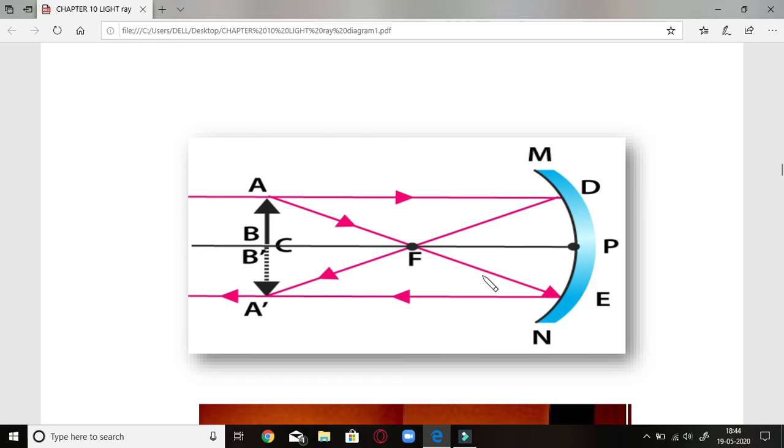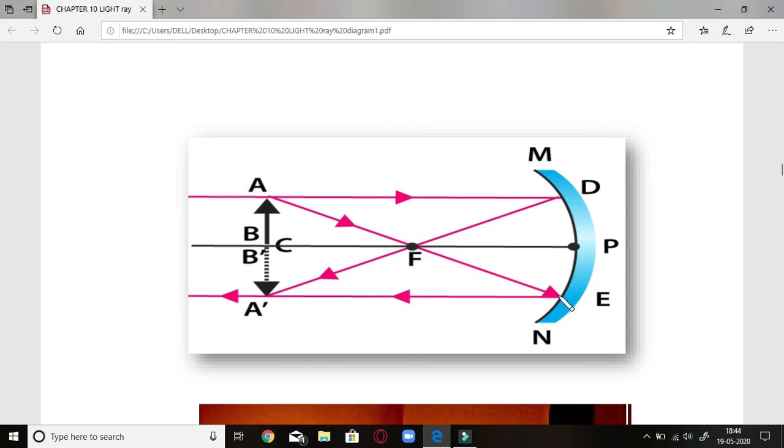Now let us see how it has been formed. Again the same terms we have used, but we have placed our object at C. AB is our object. This time we have selected two rays. One is of course constant, that is going parallel to the principal axis and passing through the focus. This time we cannot select a ray passing through the center of curvature because the object itself is placed at the center of curvature. So we go for the next option, that is the ray passing through the focus.